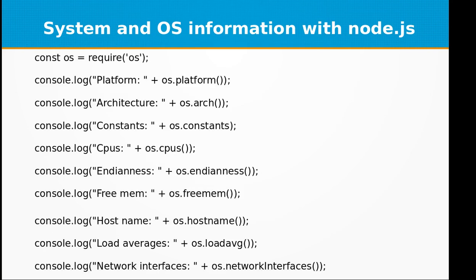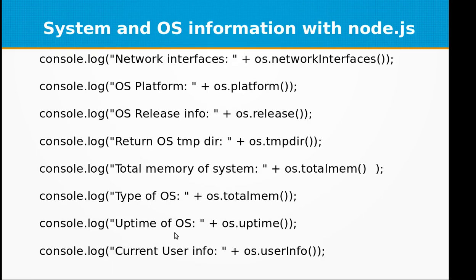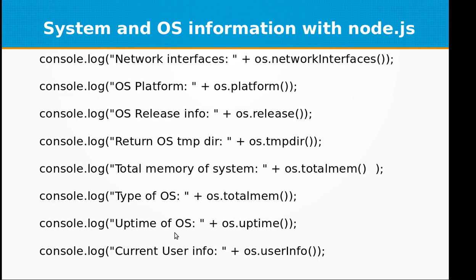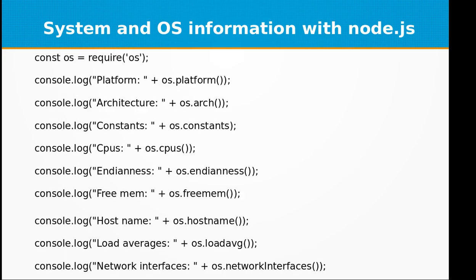Similarly, you can get constants, CPUs, endianness, free memory, host name, load averages, network interfaces, current user information, uptime of OS, type of OS, total memory of system, etc. I'm not going to write all this here in the video training.